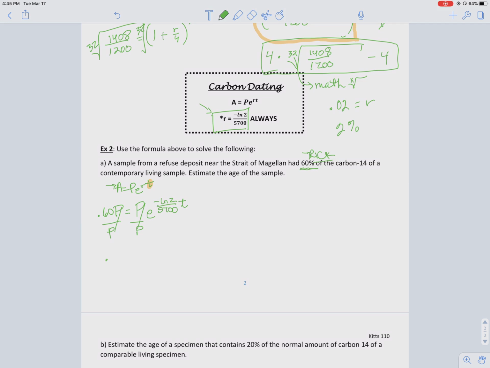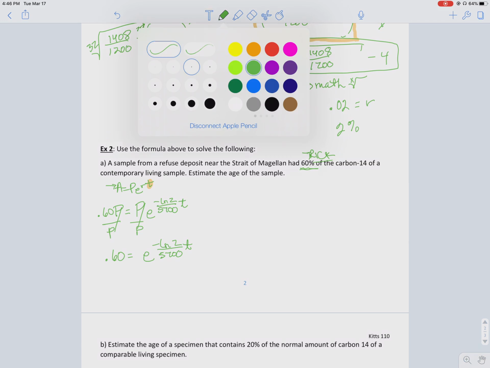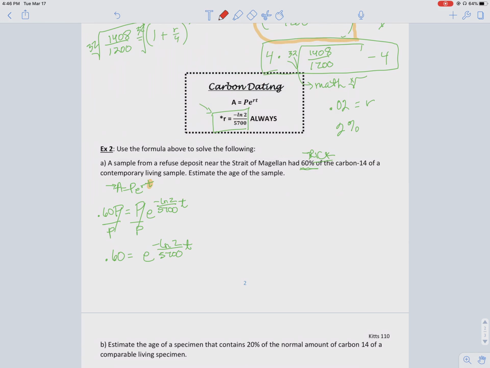So now we have 0.60, or you could do 0.6 if you want, equals e to the minus ln of 2 over 5,700 times t. Notice that exponent has the t in it, so we need to get it down. The way that you get it down is you take the natural log or the log of both sides.